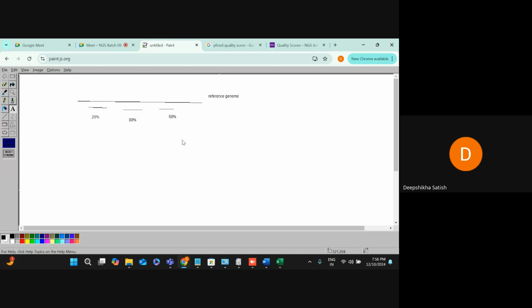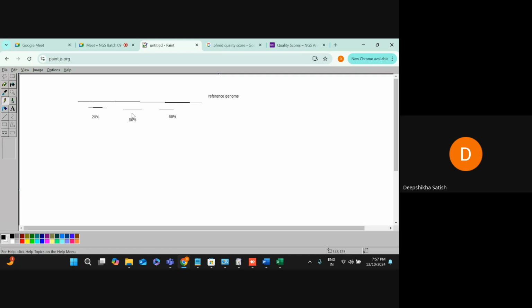Can you tell me, out of these three reads, which read has the good mapping quality? The middle one. Yes, sir. The middle one. Why? Because 80% of the read, or you can see the larger number of bases, are covered or matched on this reference genome, right?